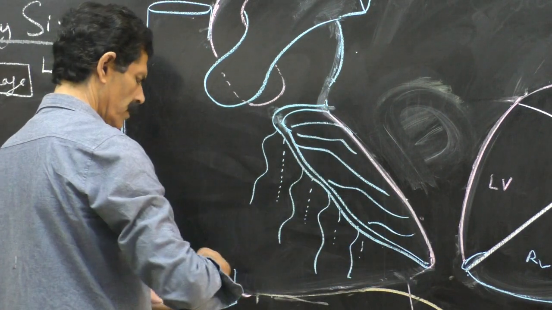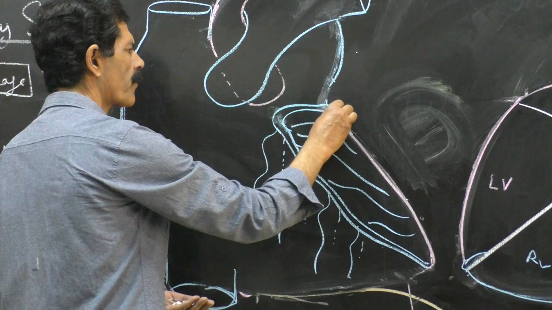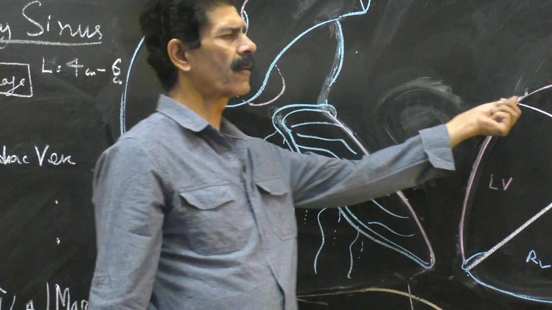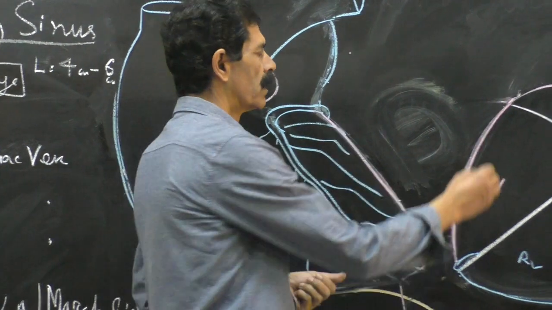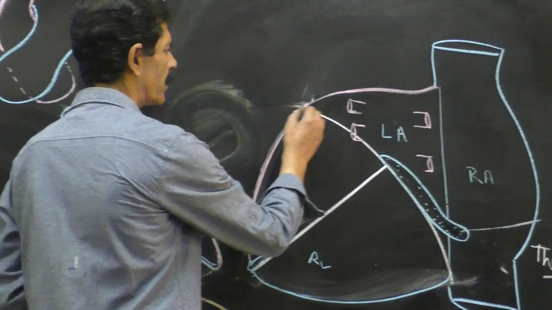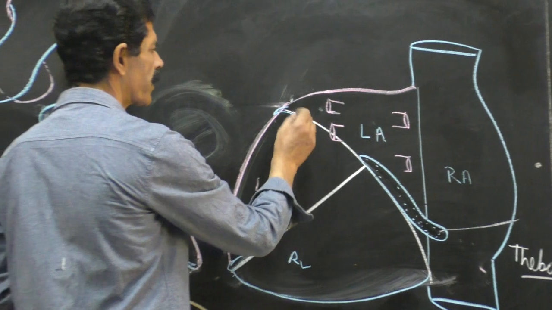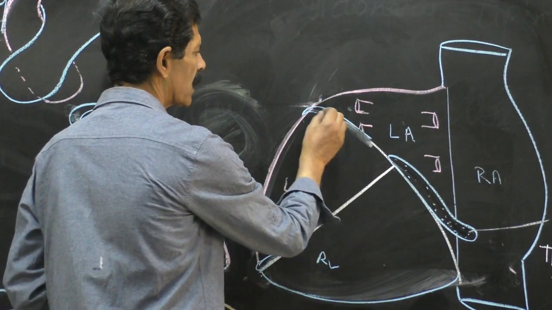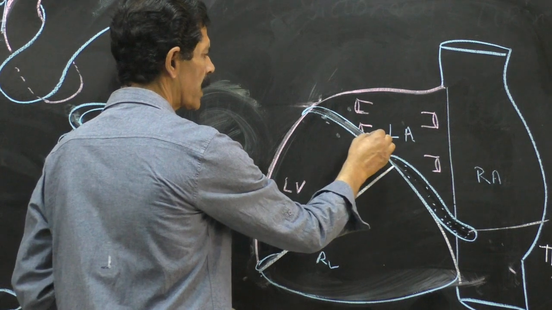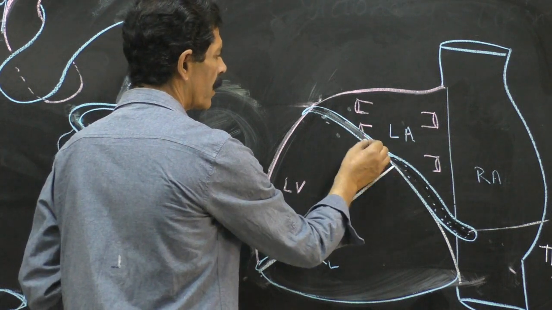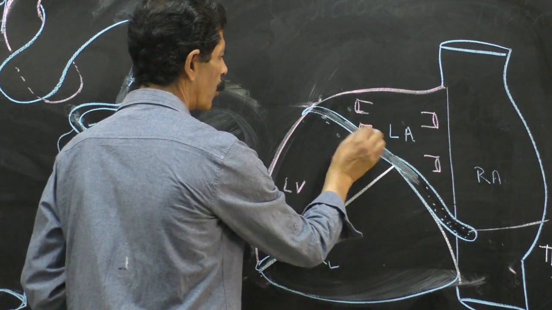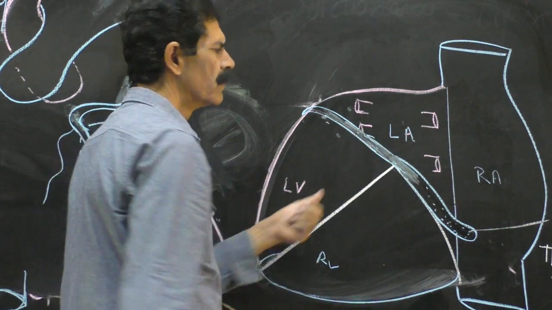Then this vein skirts around the left border. Now we see this point here. Now this reaches the posterior atrioventricular sulcus, and then this great cardiac vein is continued as the coronary sinus, or it opens into the coronary sinus.